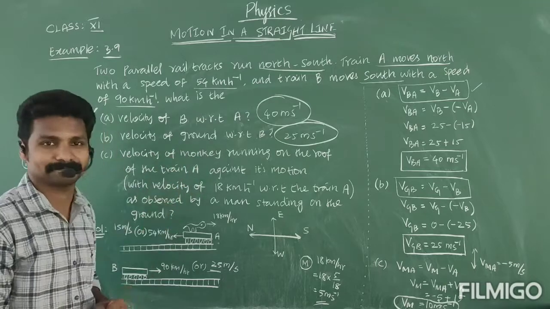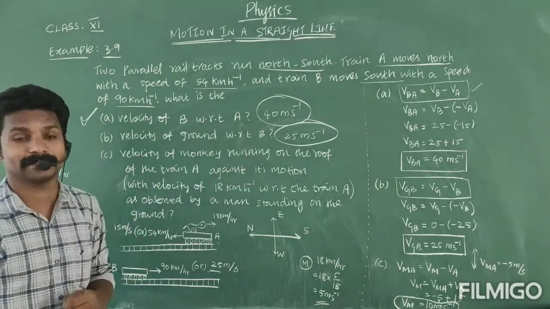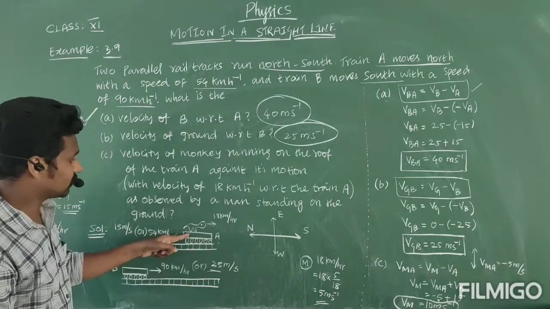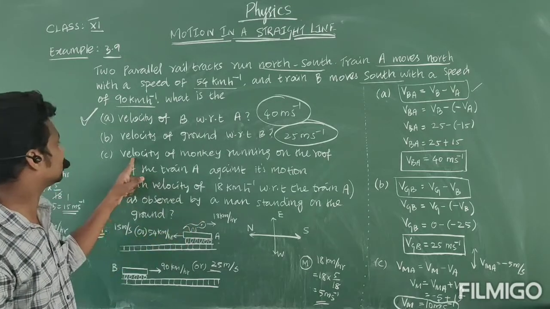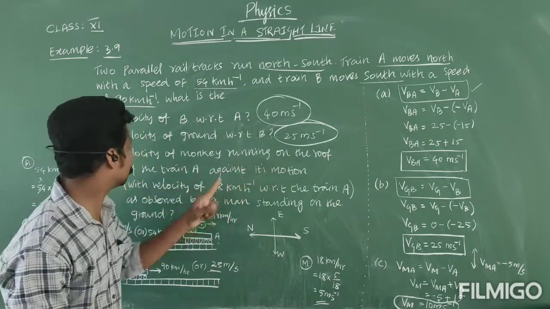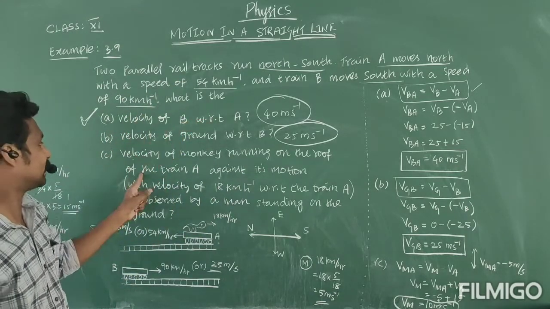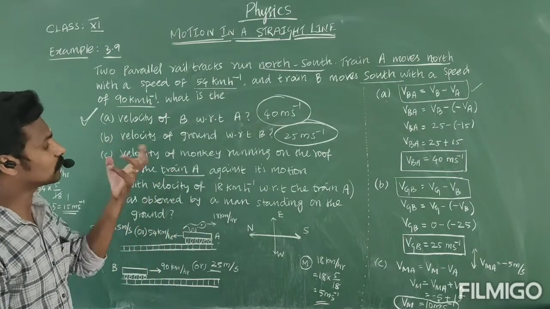Velocity of monkey running on the roof of train A. Okay, on train A there is a monkey. The velocity of monkey running on the roof of the train A, not inside the train. On the roof of the train, on the roof of the train A, against its motion.